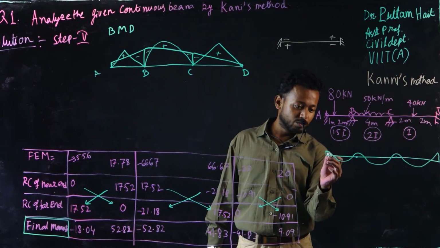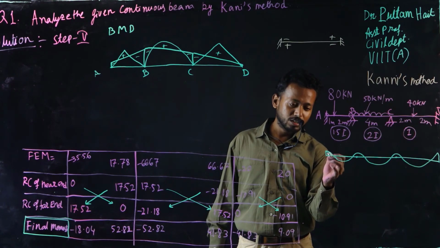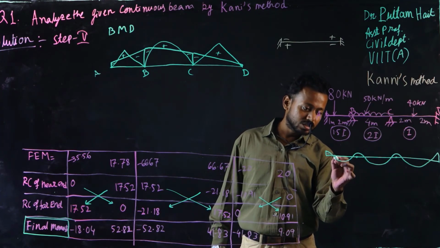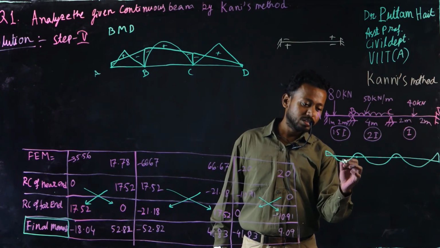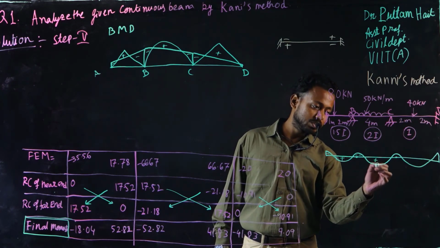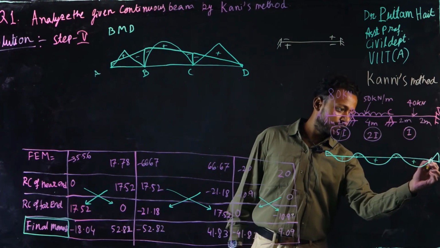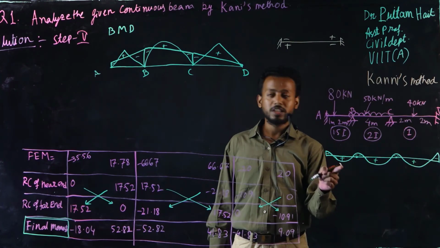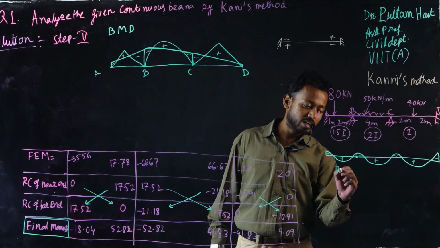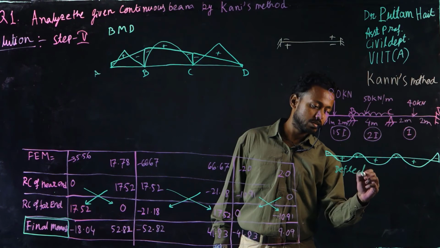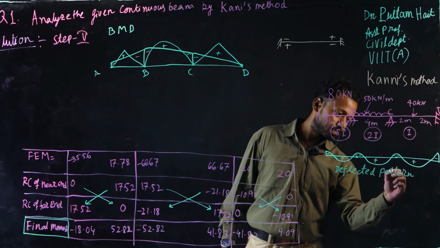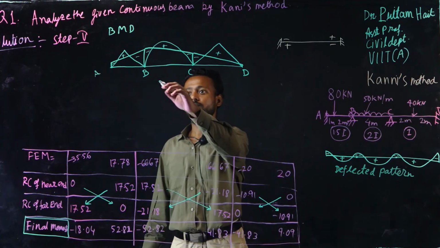As this is going down, this is hogging, and hogging moment means negative moment, and it is going up, this is sagging moment, so positive moment, then negative, negative, positive, negative, negative, positive, negative. In this way you can match the bending moment diagram also. This is your deflected pattern, and this is your bending moment diagram.